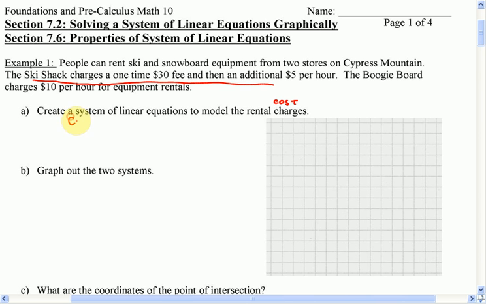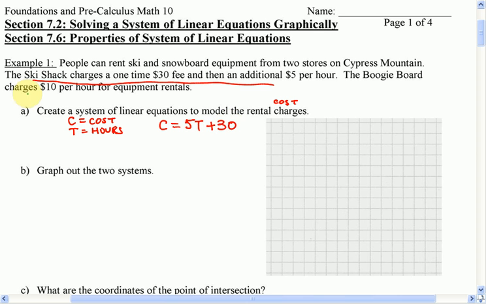So let's call C the cost, and maybe T the hours. Can someone help me by finding an equation that represents the Ski Shack's cost structure? Cost equals 5 times t, very good, because for each hour it costs $5. But don't forget the Ski Shack also requires you to pay $30, no matter what.